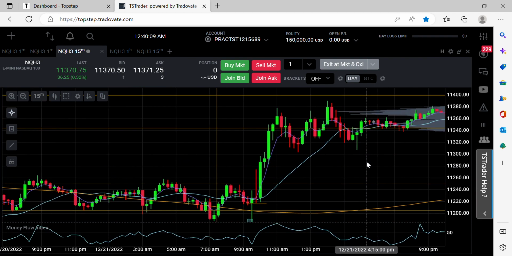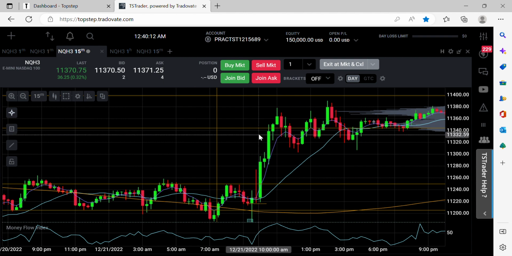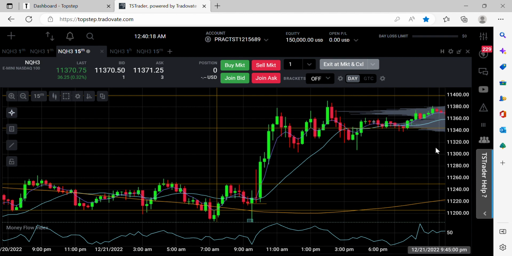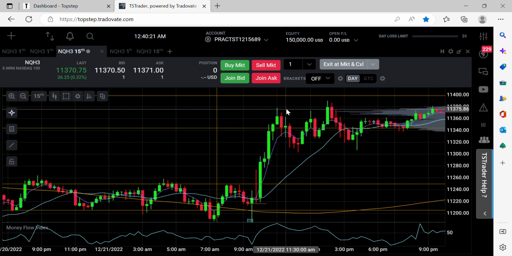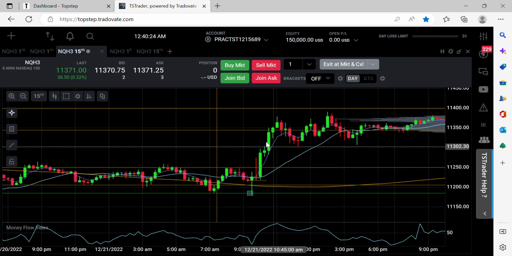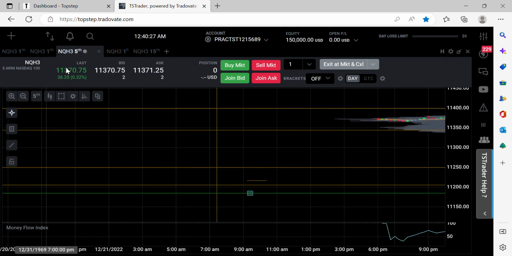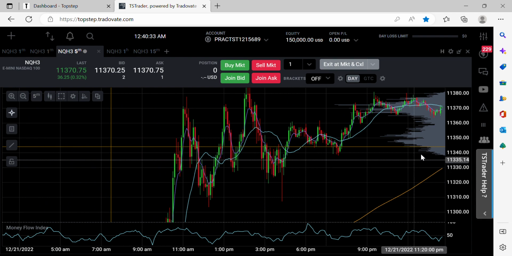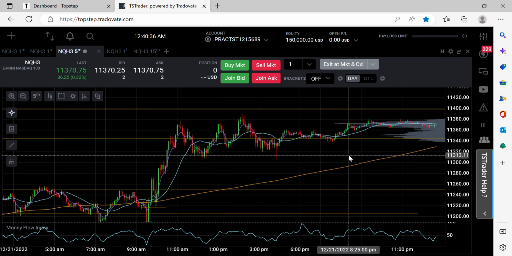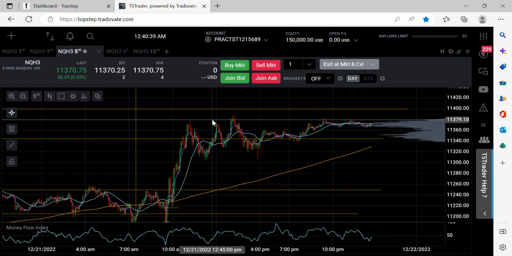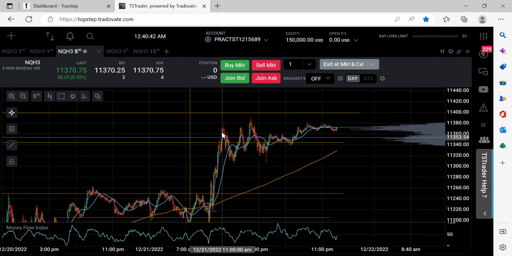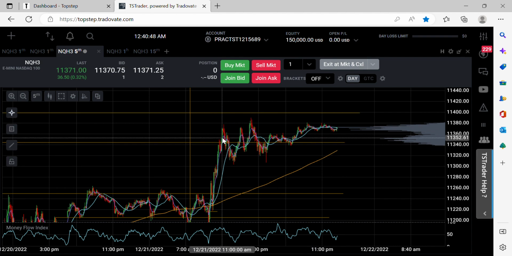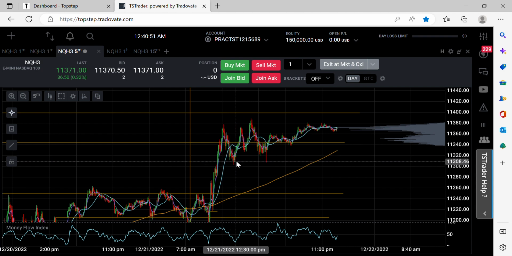Alright, now we kind of have a different range that we're creating within this area here. Let's jump down to a 5. Kind of almost encapsulates just down there.